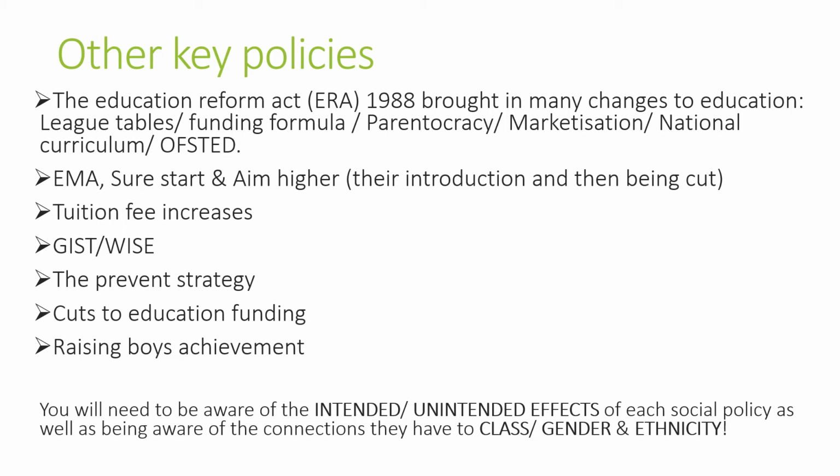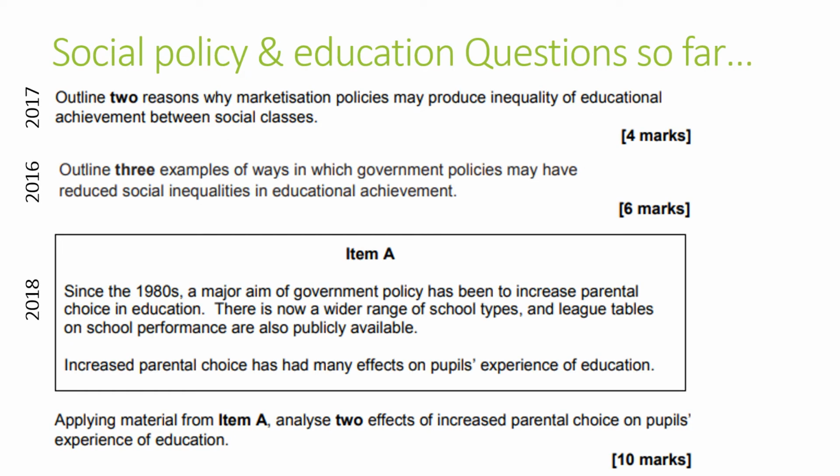Tuition fees increasing, particularly the tripling of the fees under the Conservatives, but also recognising that under New Labour there was an increase in tuition fees. So tuition fees went up under New Labour. You've got Gifted and Talented, Prevent, Cuts to Education, and Raising Boys' Achievement. These are all strategies that have been introduced under policy.